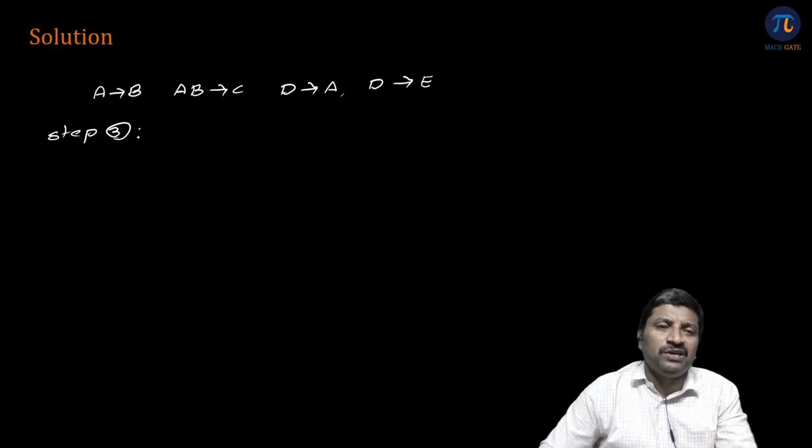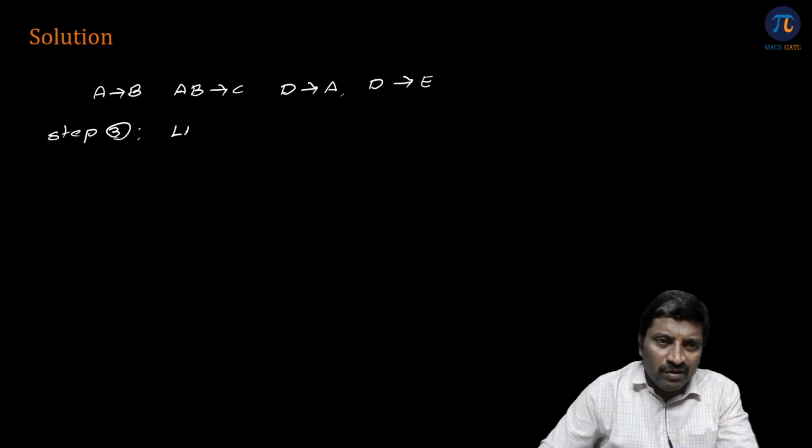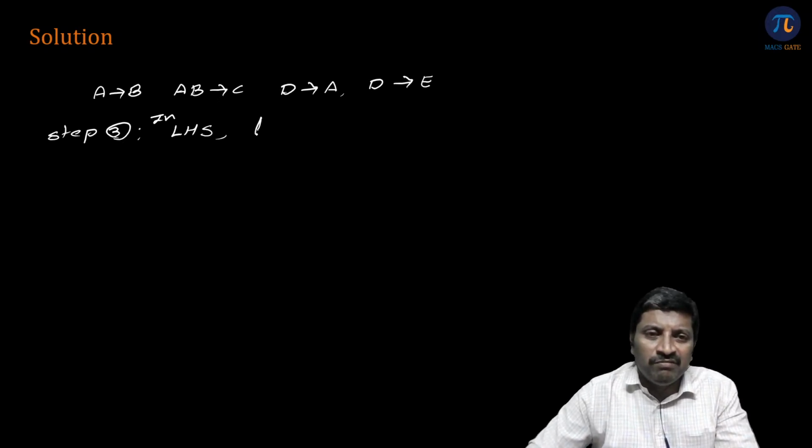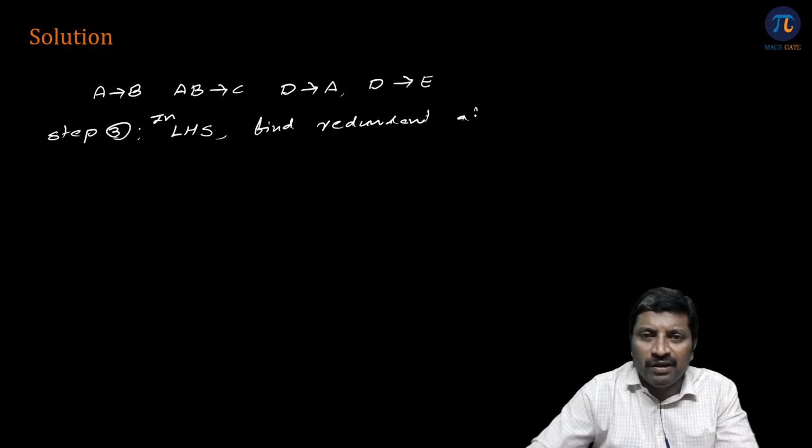What is step 3, sir? In LHS, find redundant attributes and remove them.